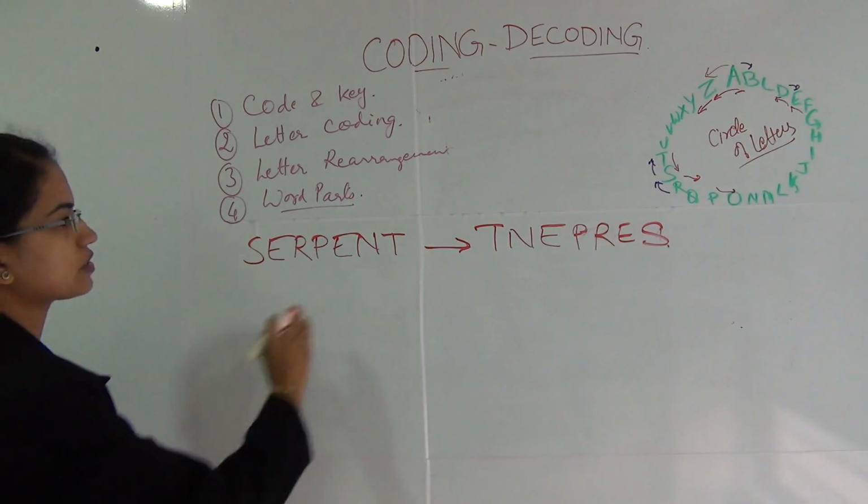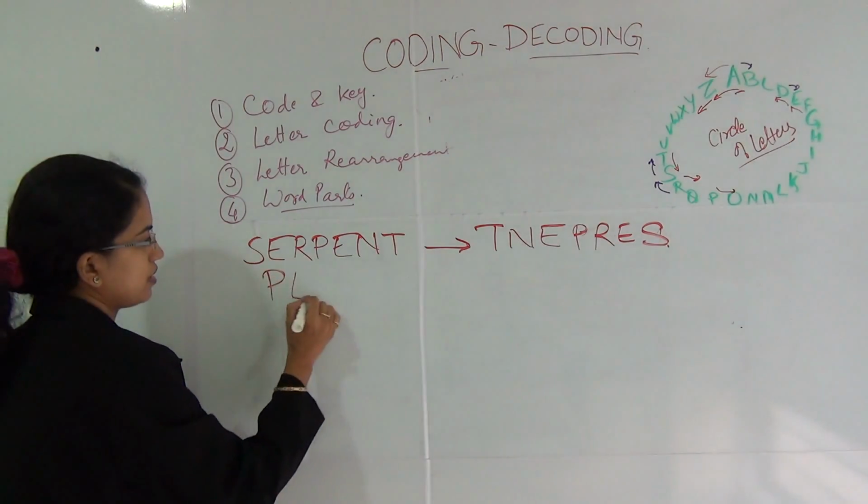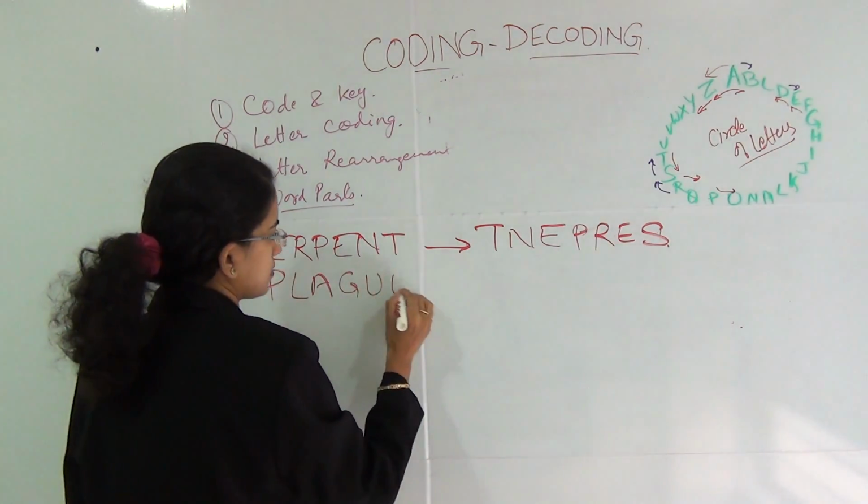So if serpent is coded as this, what should plate be written as?